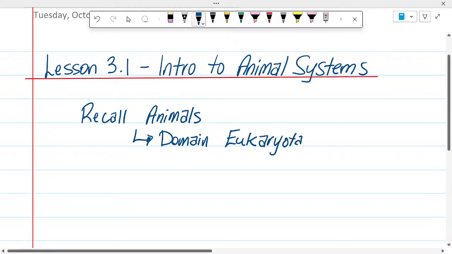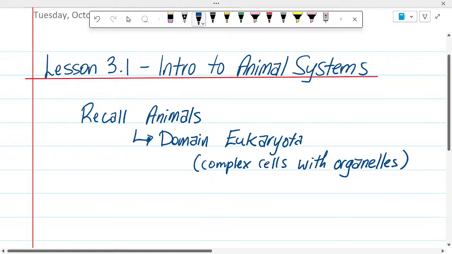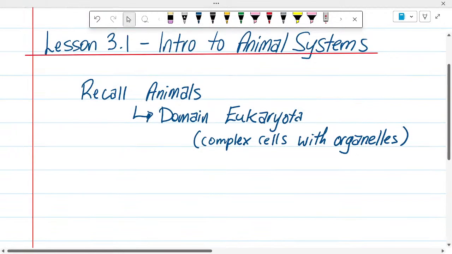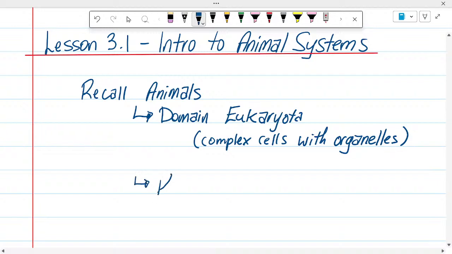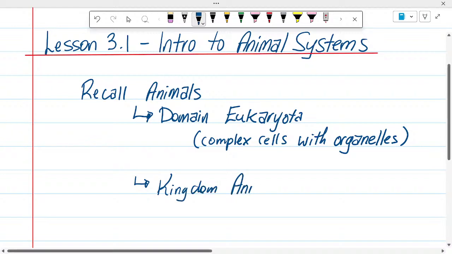Okay, so fundamentally that means complex cells with organelles, right? To which kingdom do animals belong? Yeah, very good. Kingdom Animalia.